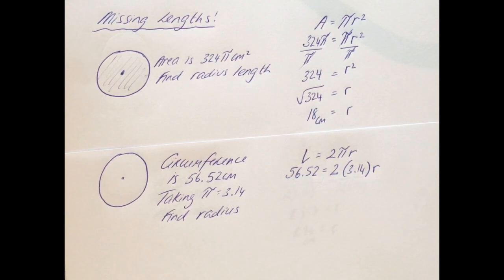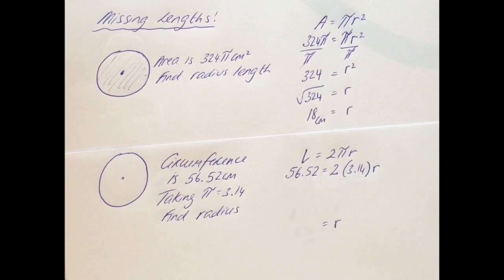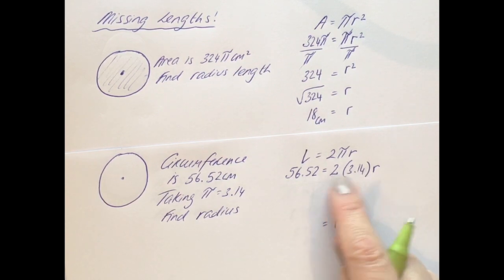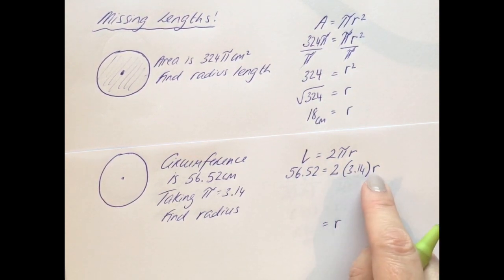Now, again, remembering how to tackle your solving equations, if you want to get r on its own, we need to get rid of the 2 and the bracket 3.14. Now, of course, brackets means times, and what you have here all together attached to the r is something that's being multiplied to the r, okay?